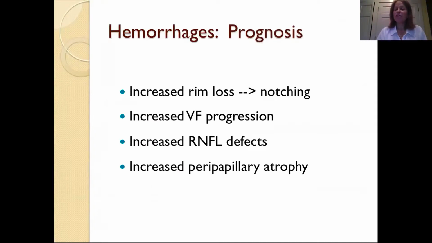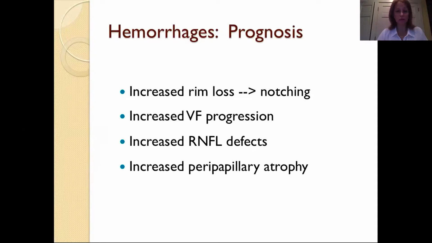Disc hemorrhages are, like I said, a big red flag for the risk of ongoing progression. Doesn't mean everybody is going to get progression. If you see it in a normal optic nerve, it doesn't mean that everyone is going to develop glaucoma, but you really have to increase your surveillance and really be concerned.